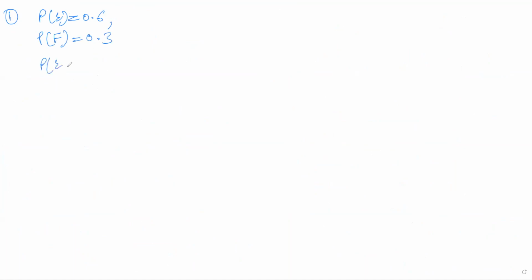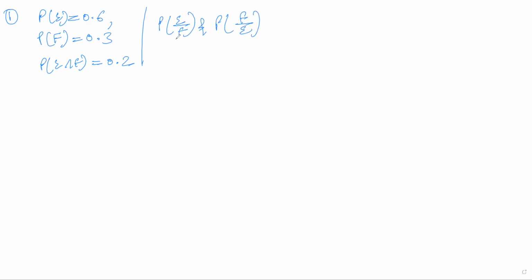And P(E intersection F) is given as 0.2. We need to find out the probability of E when F has already happened and probability of F when E has already happened.